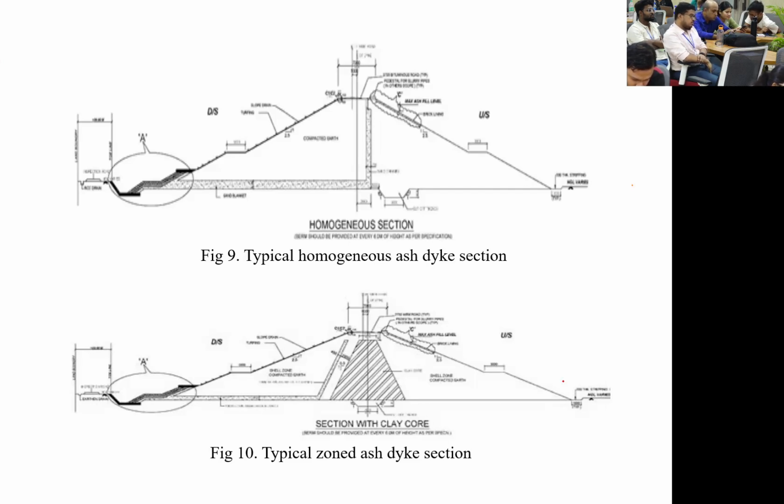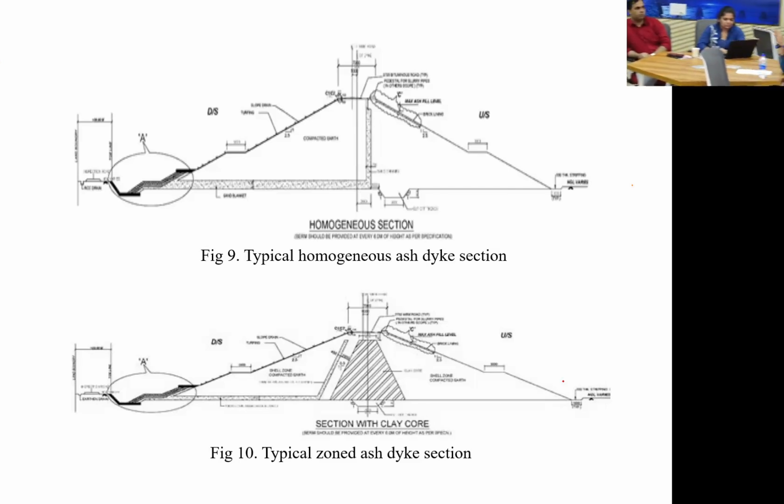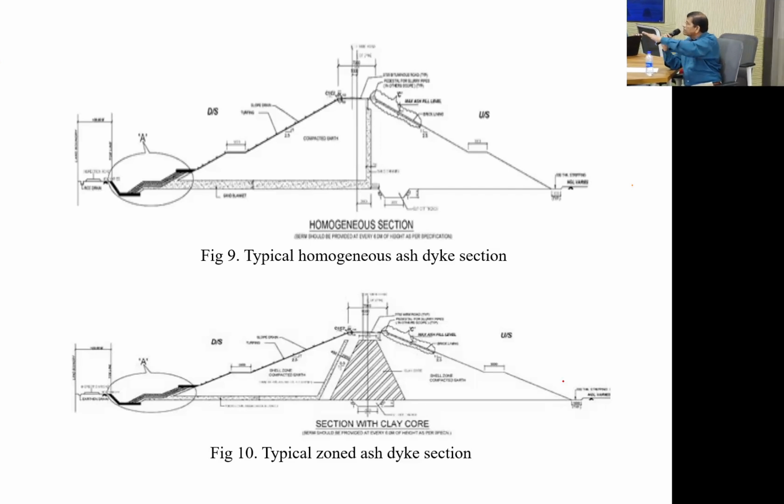Even if it is a thin liner, we do not want it to slip. Once you put a liner along the slope, it creates a tendency to slip down. If you are not putting it firmly on the surface, everything can slip away. That is why we provide the anchor trench at the crest of the liner, correct.